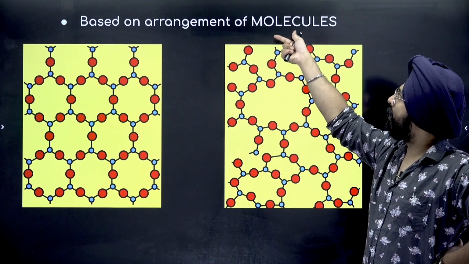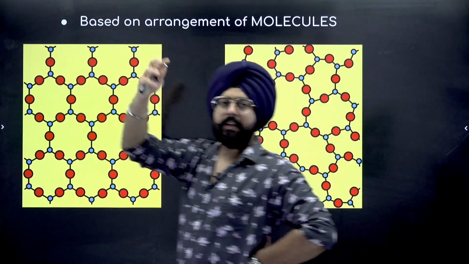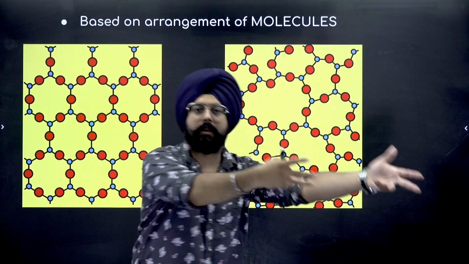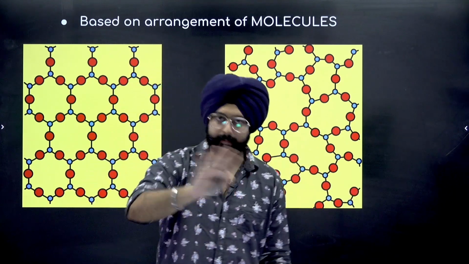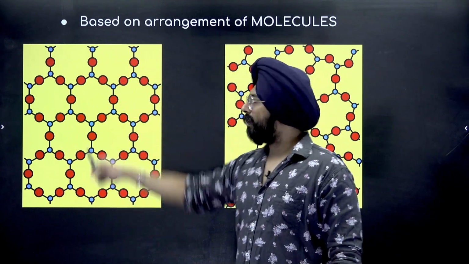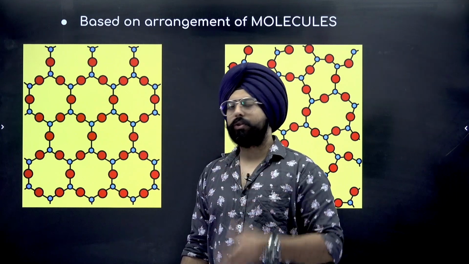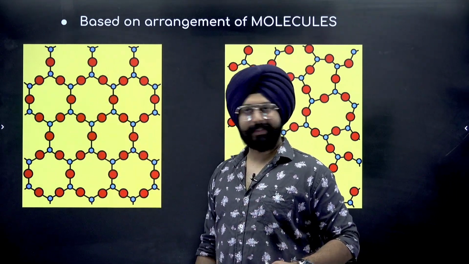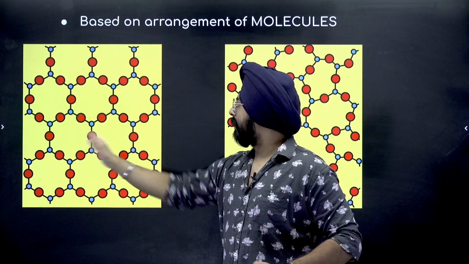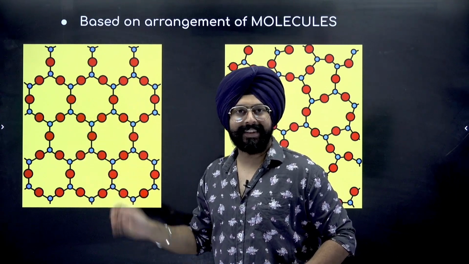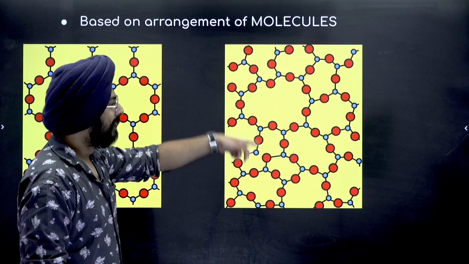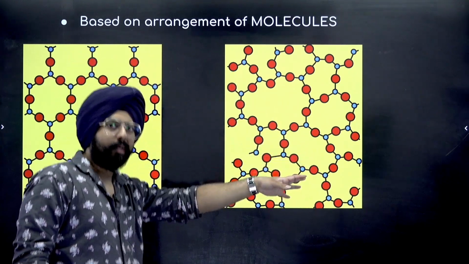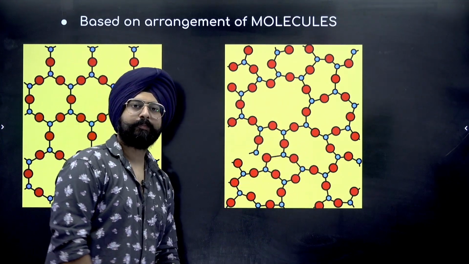Again, take the word molecules with a pinch of salt, because in solids you can have arrangement of atoms, arrangement of ions, etc. Okay? So over here the constituent particles of the solid are arranged in a very beautiful, very orderly fashion, right? Hexagon, hexagon, hexagon, hexagon. Looks nice. On the other hand, this arrangement is random, quite haphazard.